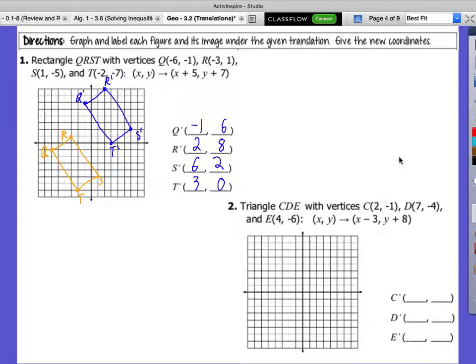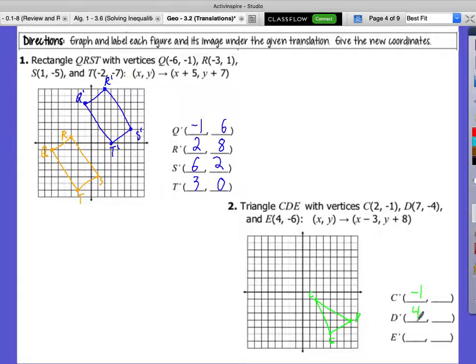Okay, number 2. Triangle CDE with these vertices, okay? So let's first plot this triangle. 2, negative 1. 7, negative 4. And 4, negative 6. Okay, so now we move all 3 to the left 3 and 8 up.